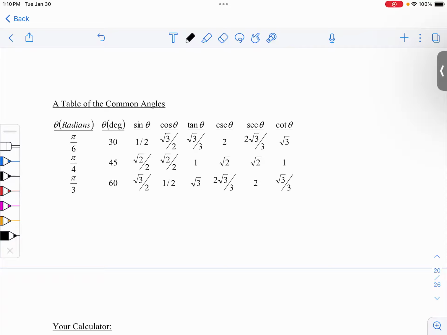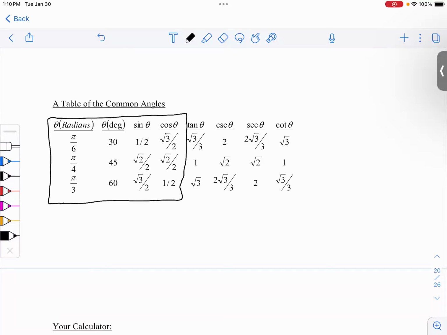Now, the best part of this is we use these so much, but since tangent is a function of sine and cosine, tangent is sine over cosine, I don't even need the TOA part. All you ever need is to know sine and cosine for particular angles, and you can find the remaining 4. Because the rest of these are all combinations of sine and cosine. It all starts with sine and cosine.